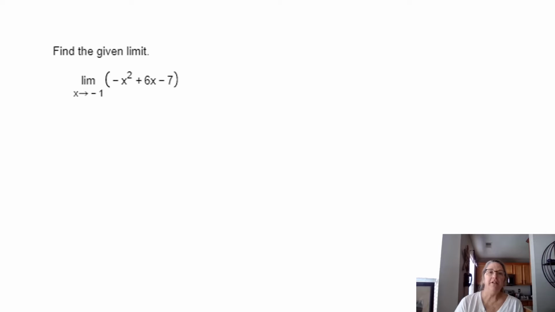All right, we're going to find the given limit again. Notice that we are approaching -1. So we will be substituting -1 for x.